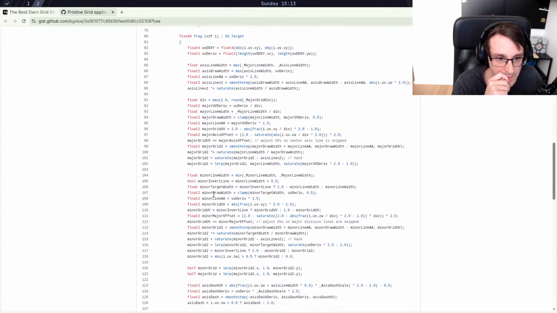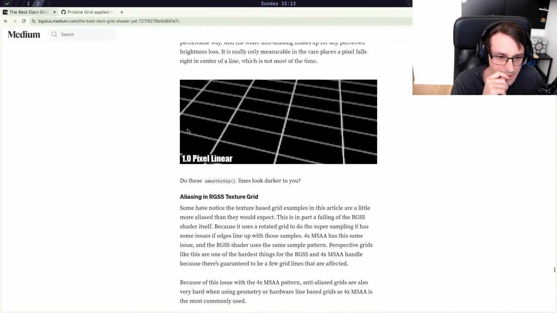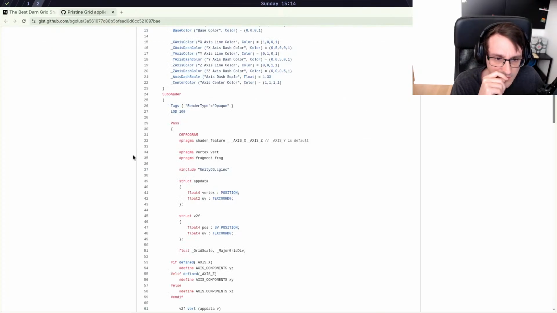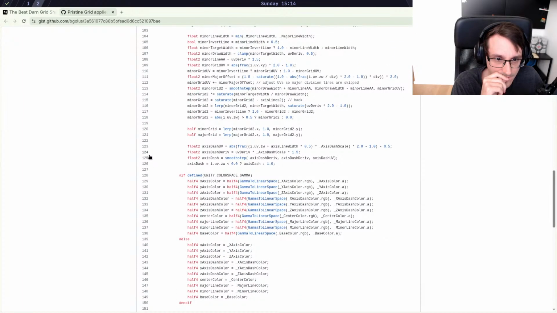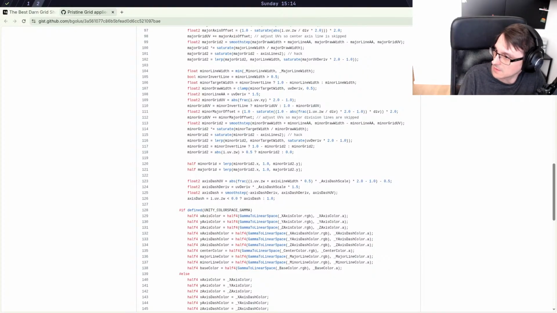And you have minor and major lines because it has a split here, right? Or you go down here, you can see the light red, thinner lines. Those are the different line maps. But I'm wondering. Smoothstep.